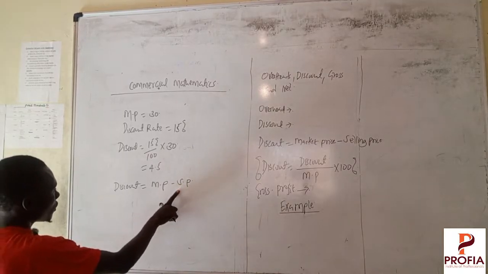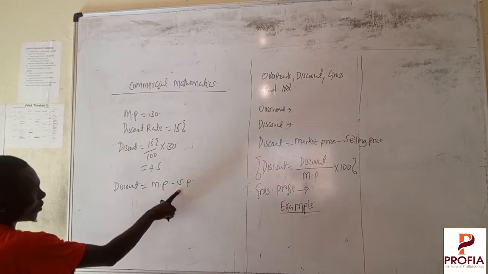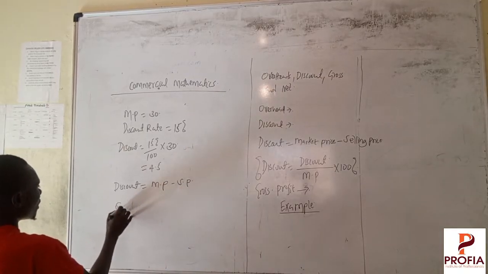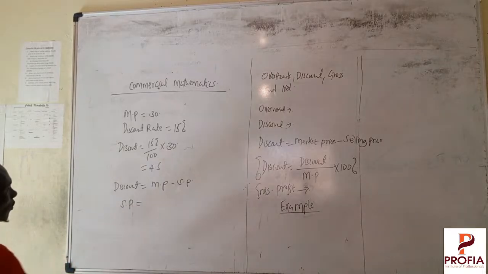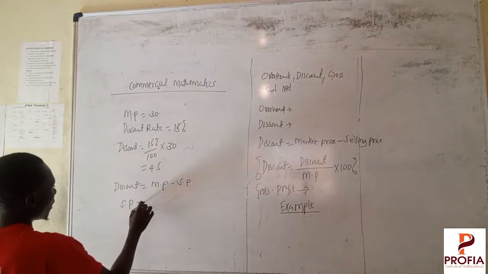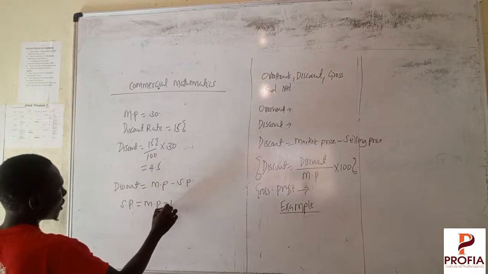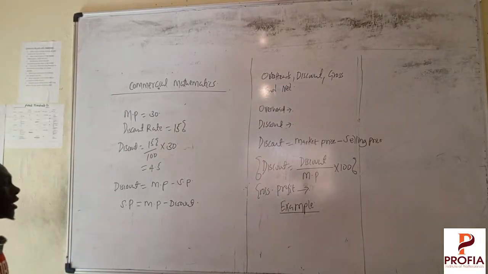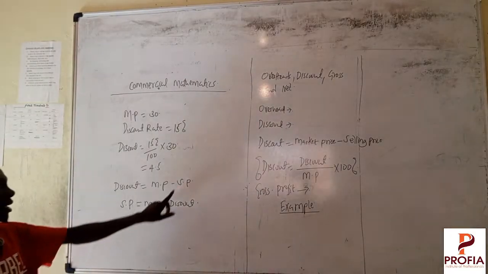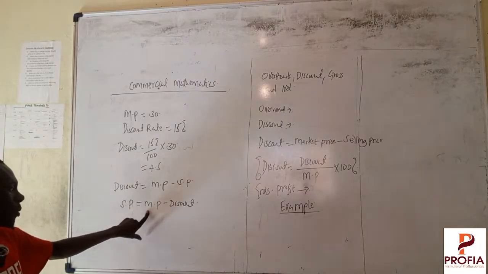When you make selling price the subject of the formula, the discount moves to the other side. It is positive, then when it crosses the other side it becomes negative, but the selling price is negative, so when it crosses the other side it becomes positive. So selling price is equal to market price minus discount.